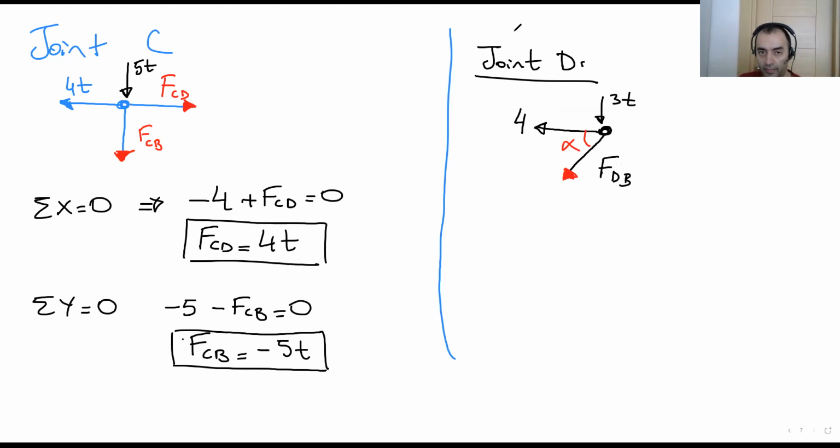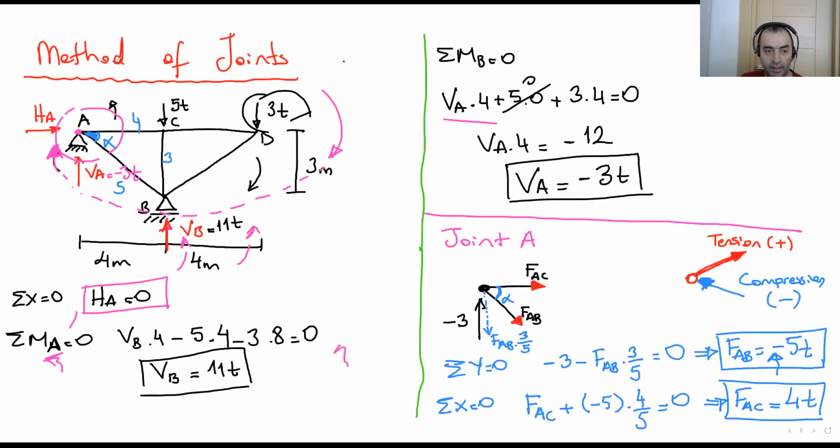Let's write the total Y. It's too easy. Total Y equals 0. So 3 goes down, minus FDB times sine alpha. What was the sine alpha? The alpha is here. Is it same? 4, 4, 3. Yes. This is alpha.